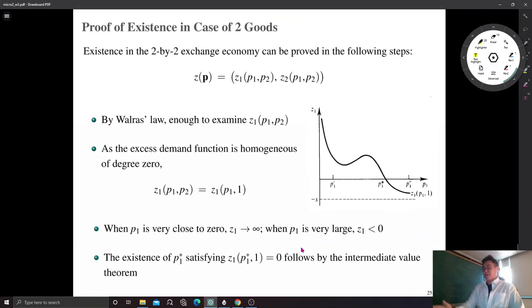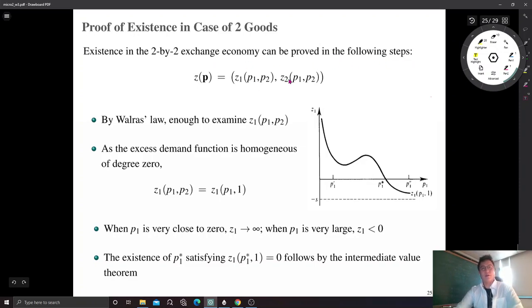So let me first examine the existence problem in a 2x2 model. So there are just two consumers and two goods. It's not necessary that there are only two consumers, but two goods. This assumption is important. In the case of two goods, we can easily establish the existence of equilibrium by taking the following steps.